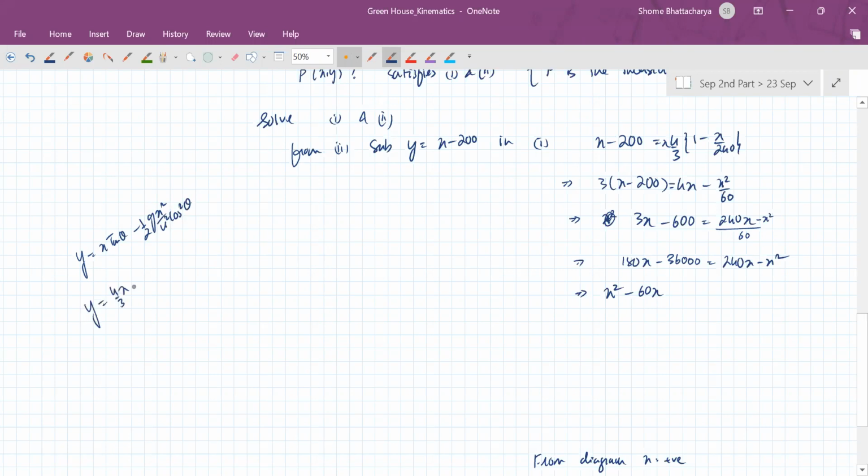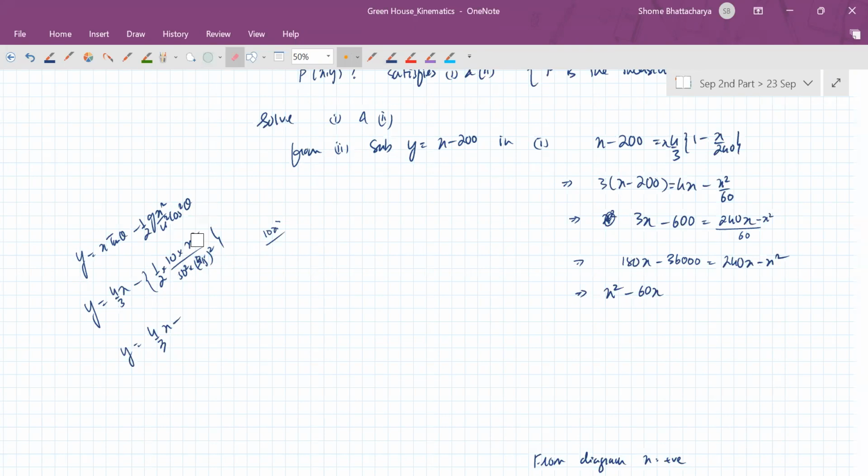y is equal to 4 by 3x minus half into 10 divided by 50 square into 4 by 5 square. 53 degrees is the angle, so cos is 3 by 5, sorry.